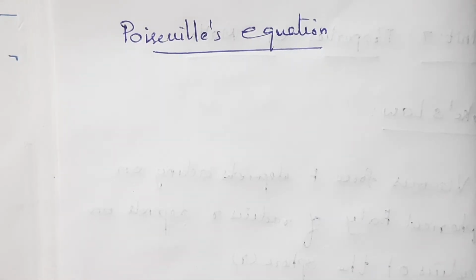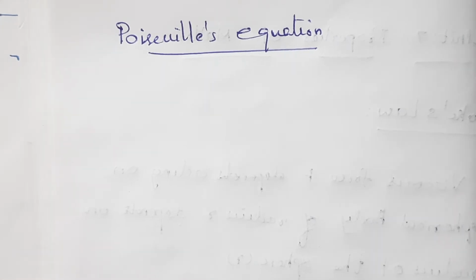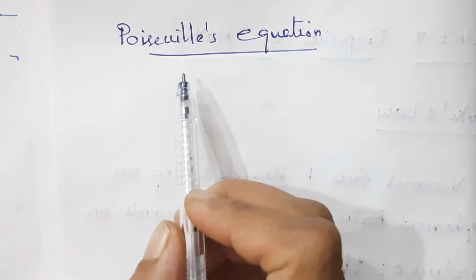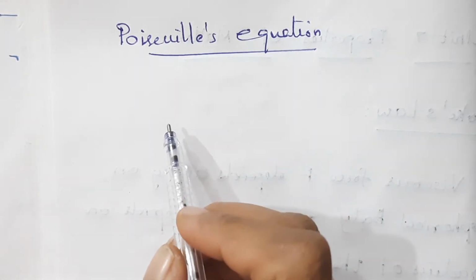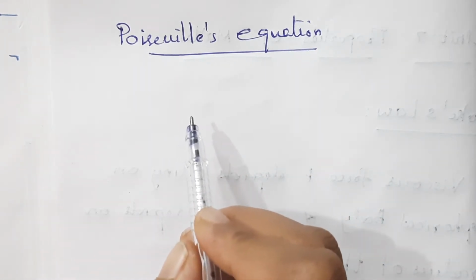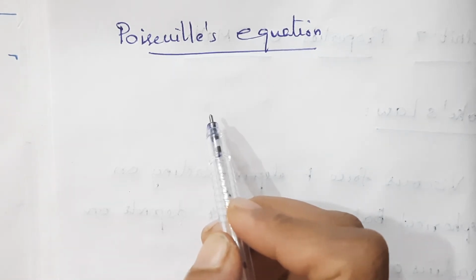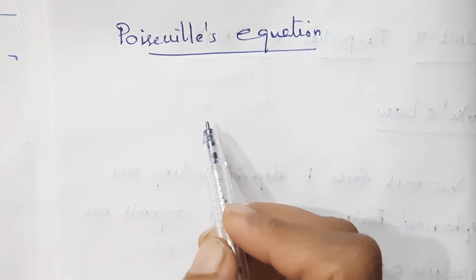The next one is Poiseuille's equation. This is one of the most important questions. The scientist Poiseuille found an equation for the volume of the liquid flowing per second through a capillary tube.